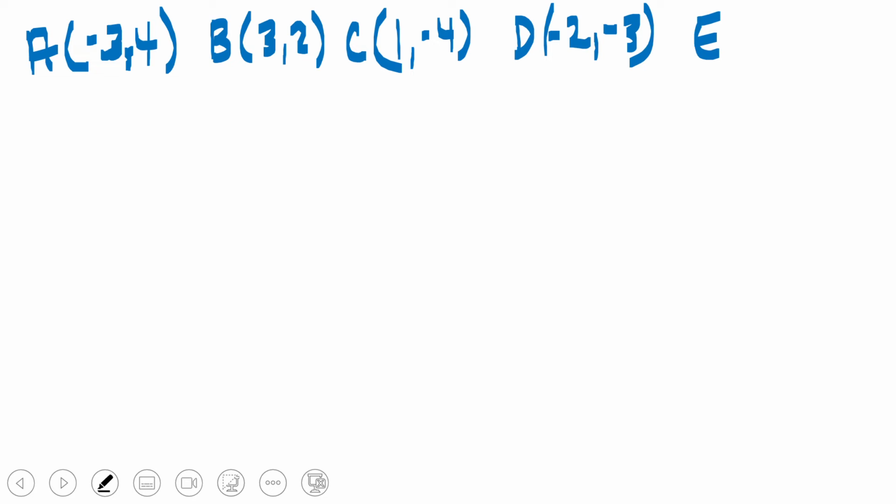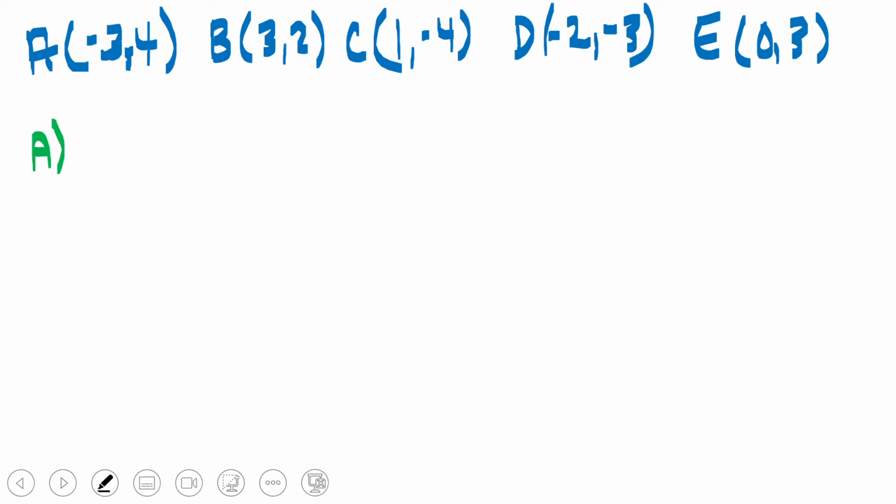And E is 0, 3. And we are asked to decide if the slopes of your given points from this list are parallel or perpendicular. We can do that. So let's try the first example.